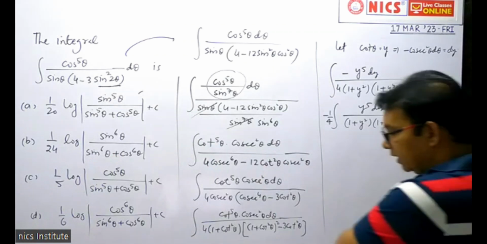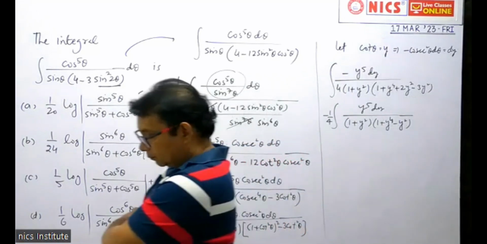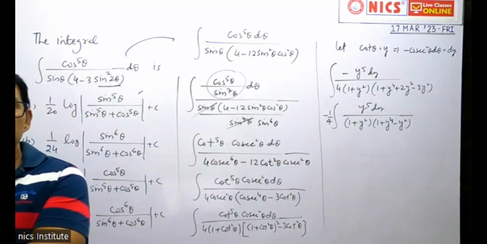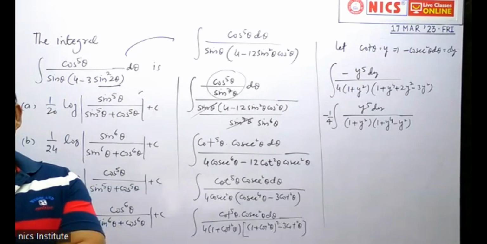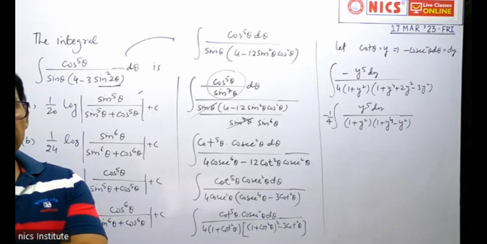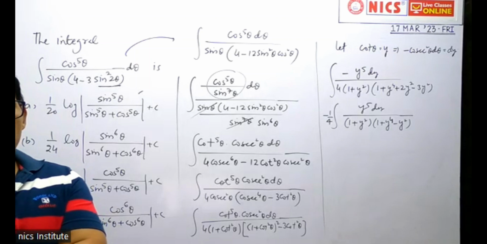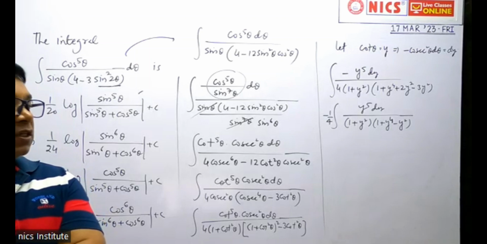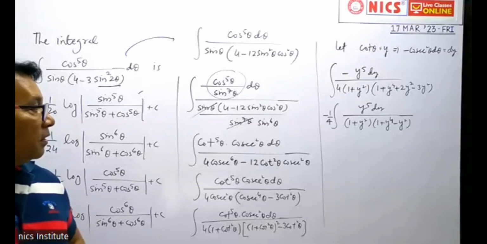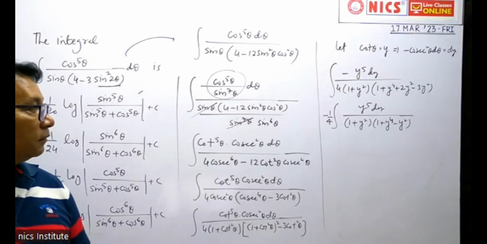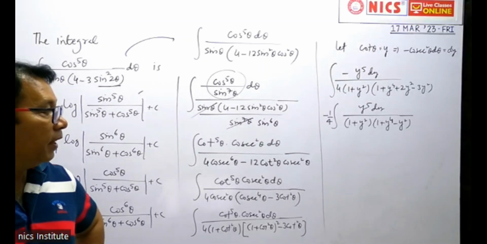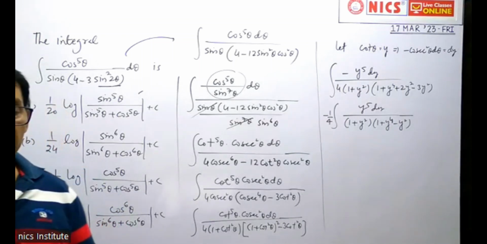Look at the denominator. It is an identity. Which identity is this? A cube plus B cube. A cube plus B cube is A plus B into A square plus B square minus AB.